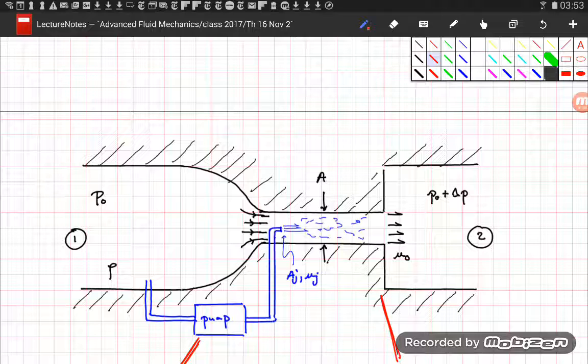In this case, a very obvious boundary for your control volume will be the outlet here, right? Because at this outlet, you know exactly the velocity, you know that it's uniform and it's u0. And at this outlet, you also know the pressure, you know that the pressure acting is P0 plus delta P. So this is an obvious choice for one of the boundaries.